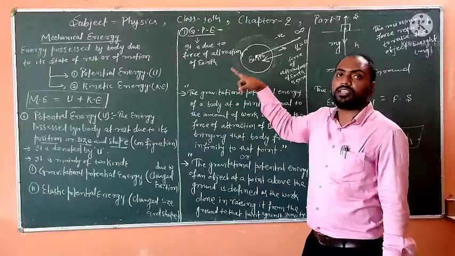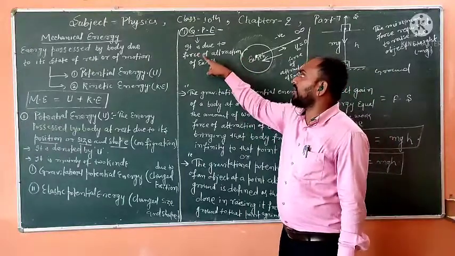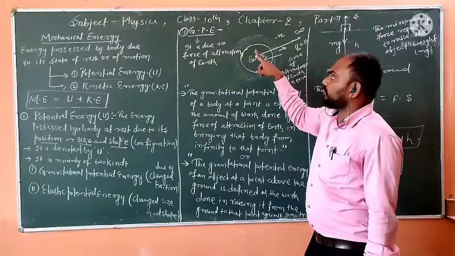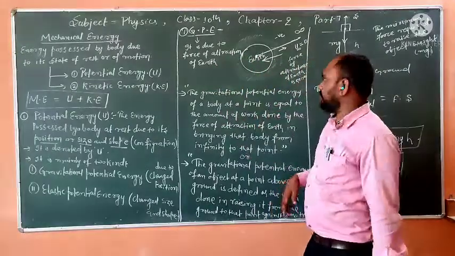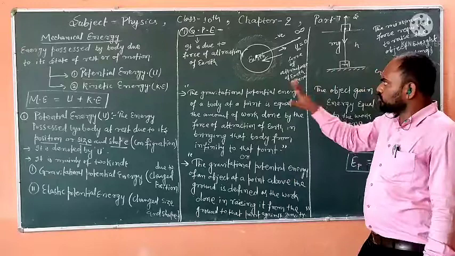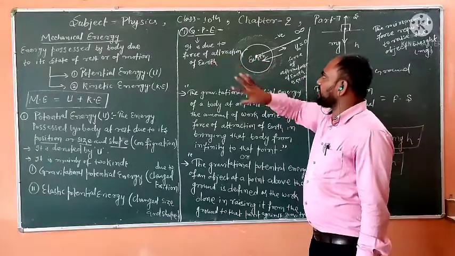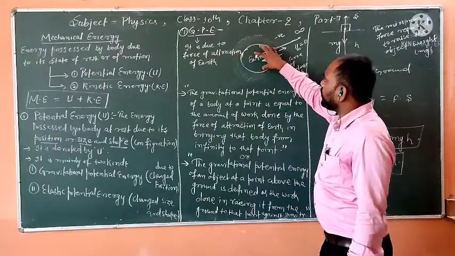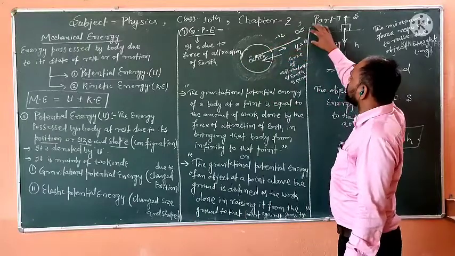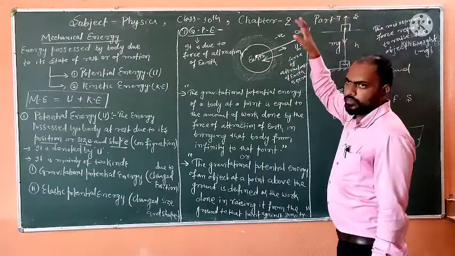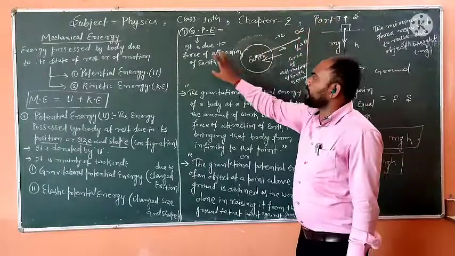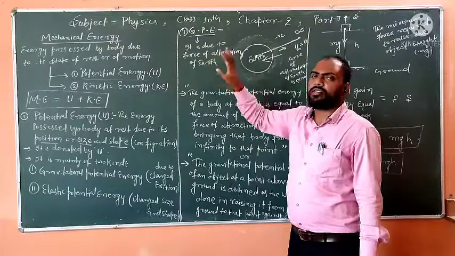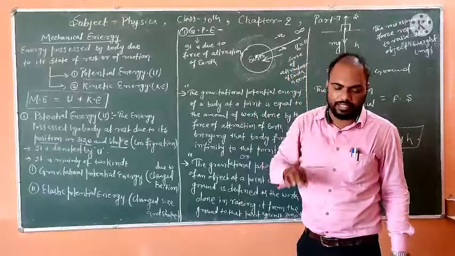The force exerted on that body is called the force of attraction of the earth, or the weight of that body. To understand it, when we move from the earth to a point at infinity, a large distance, you will feel that the force of attraction of the earth becomes less.